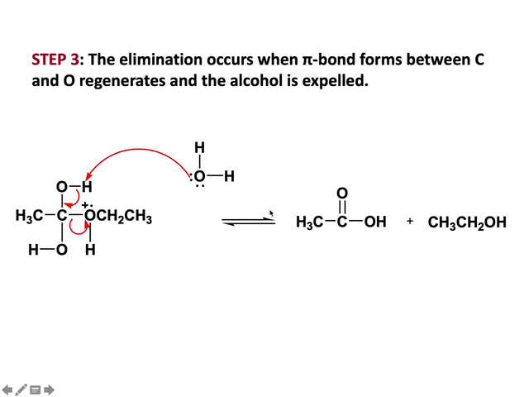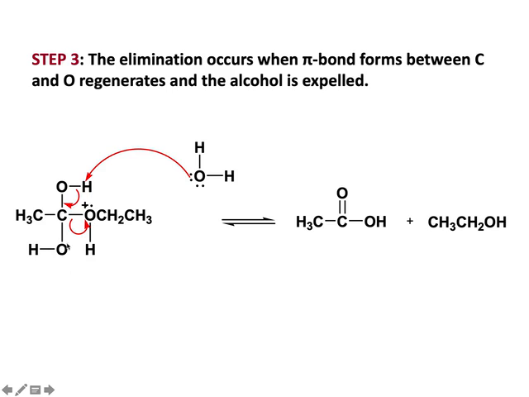So step 3 is eliminate. From step 2, O abstracts a proton from here, so H attaches on O and O becomes positive. This one is alcohol.